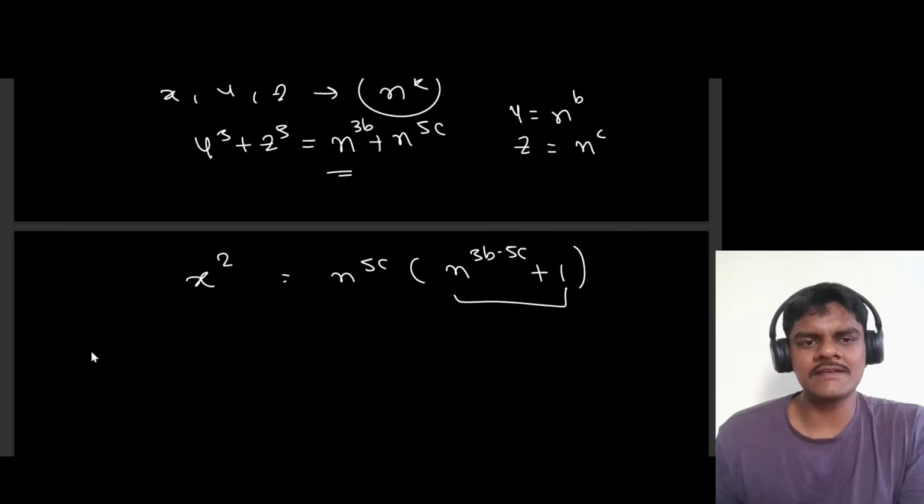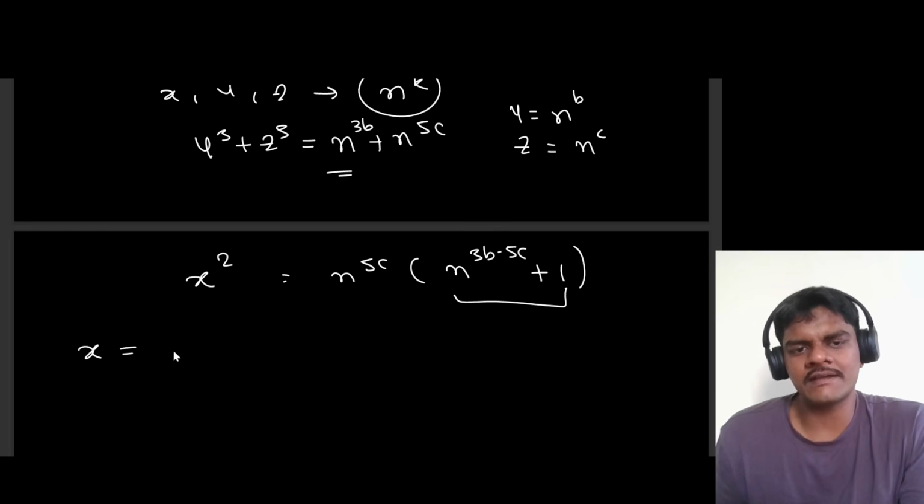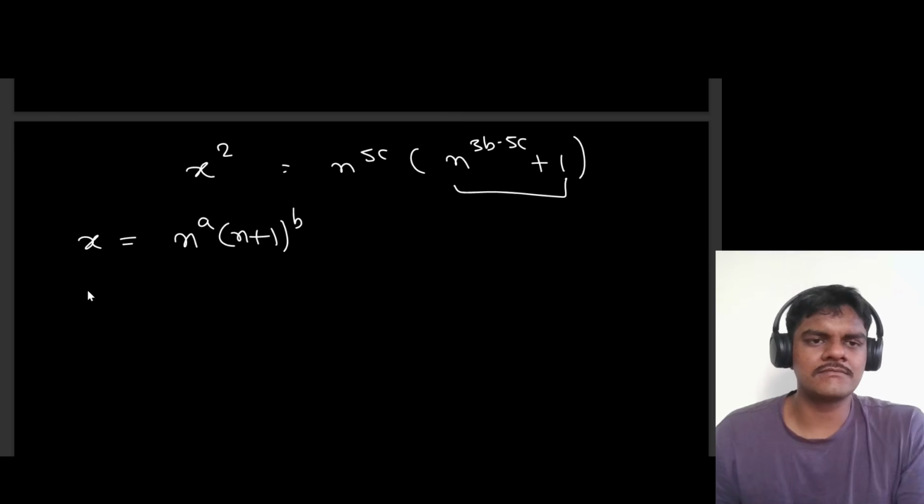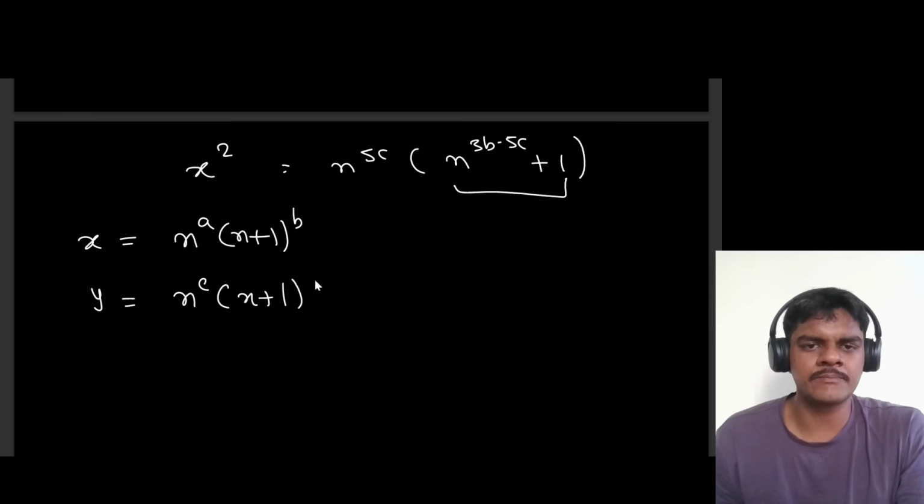So what if we already take x to be n power a into n plus 1 power b, right? And then y has to be n power c into n plus 1 power d. And z has to be something like n power p times n plus 1 power q.